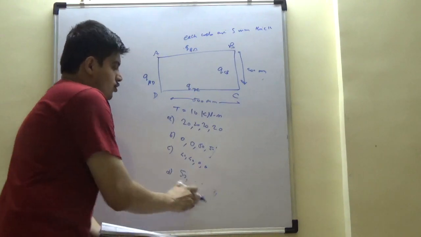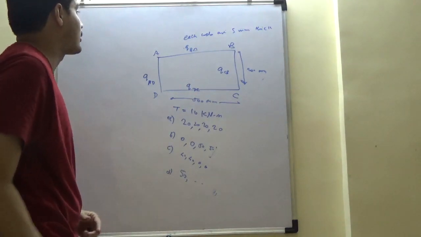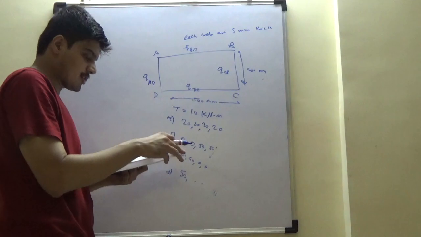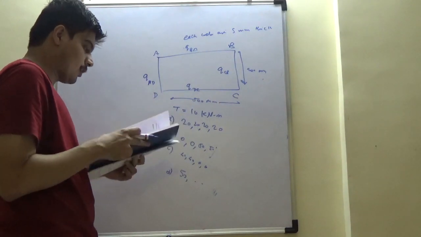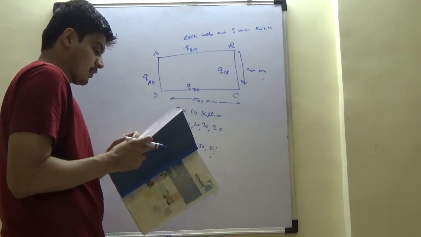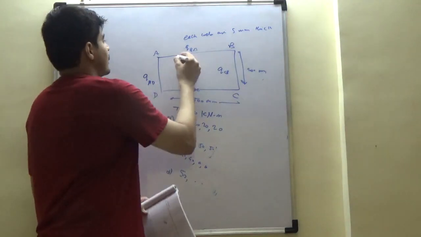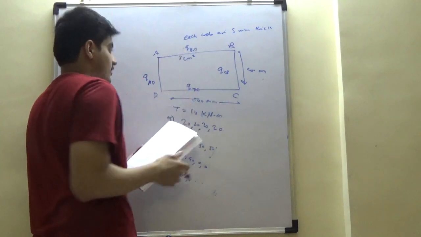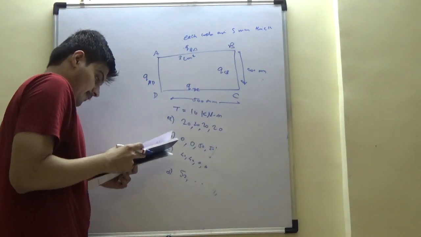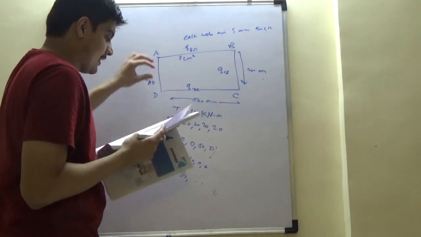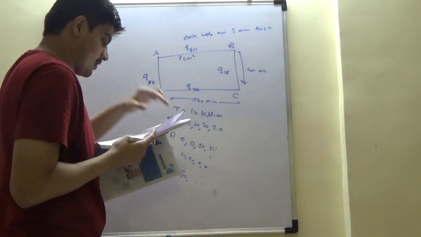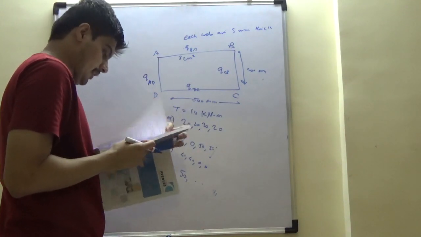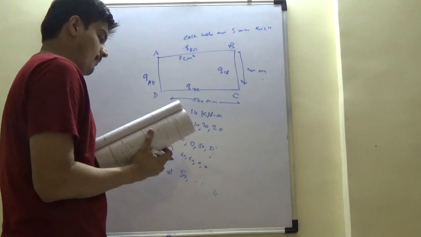So two options are symmetric and two are non-symmetric. And you should not start guessing the answers just because something comes intuitively to your mind. The cross-sectional areas are given to be 3 centimeter squared. So the limb areas at ABCD have cross-sections of 3 centimeter squared. So these are all given.